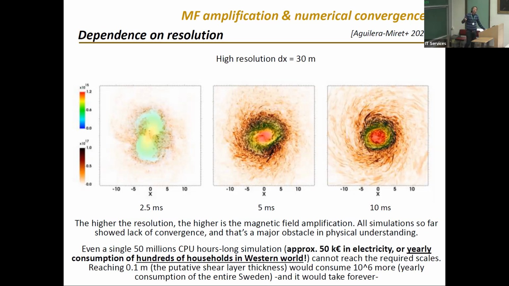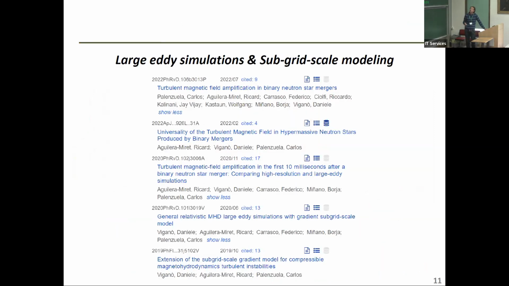So if you want to reach a final resolution that corresponds to the shear layer thickness, of course this is not feasible because there is no such supercomputer memory. It is a memory issue, but even if you were able, and that will take forever, you would consume what a mid-sized country like Sweden would consume in 1 year. So of course, brute force is not a solution.